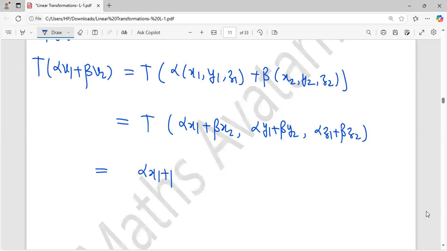This is my x coordinate, this is my y coordinate, and this is my z coordinate.